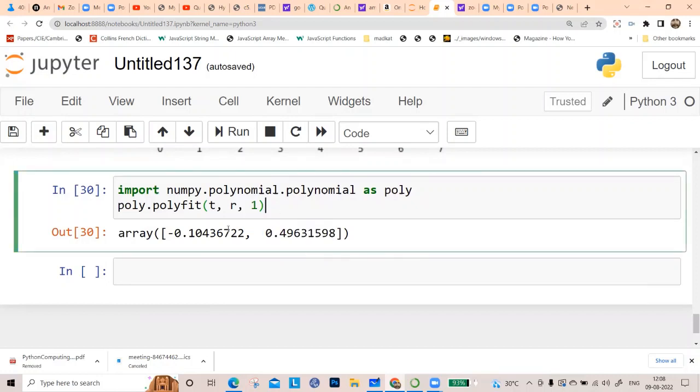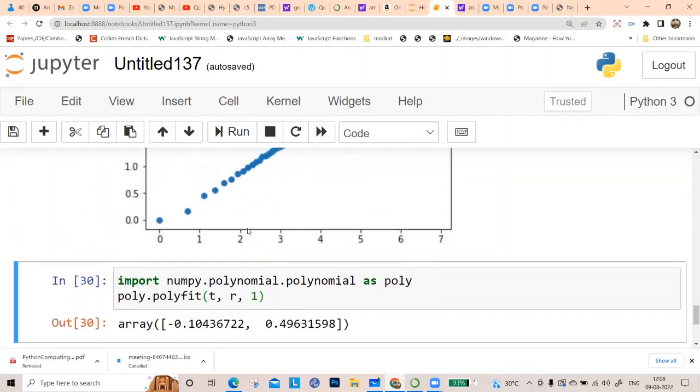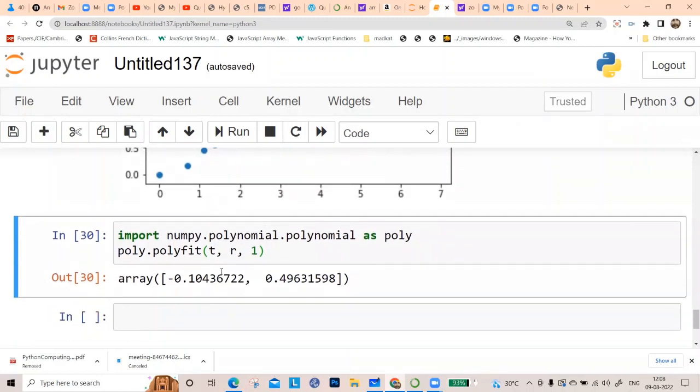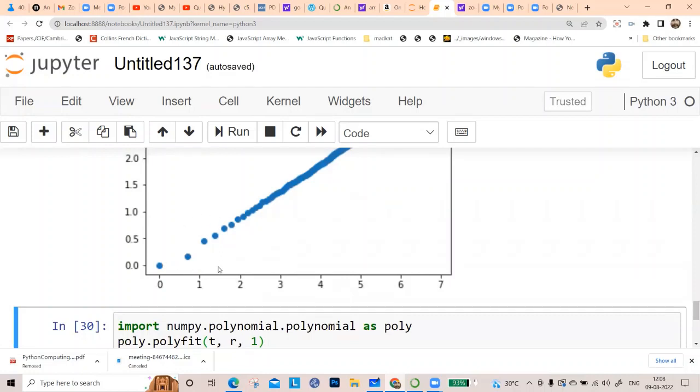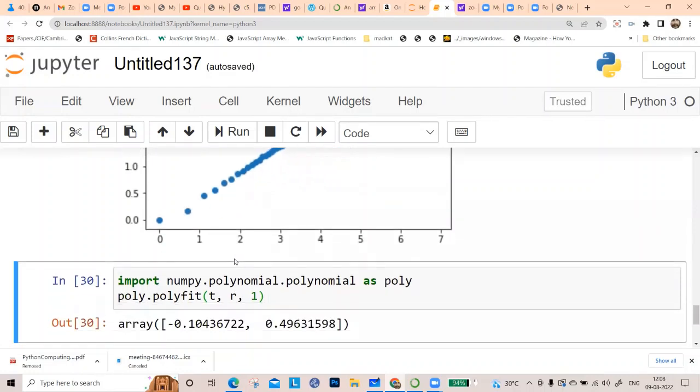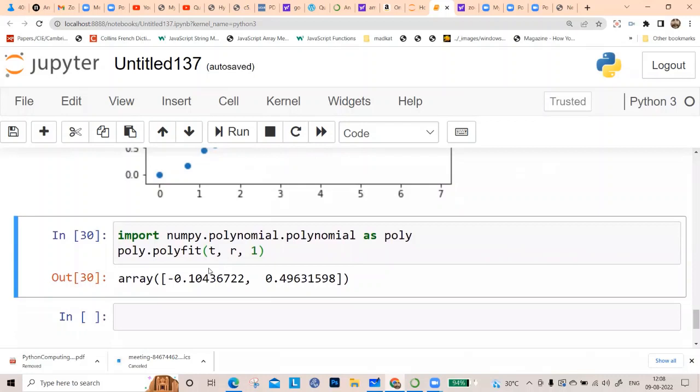Okay, so I have to collect these two coefficients and find the corrected values of r, and then we'll plot it. But before I do, let me discard some points. Let me discard the first 20 points.